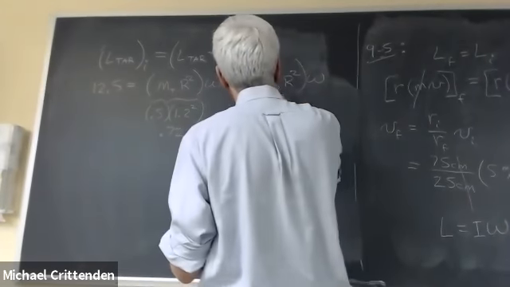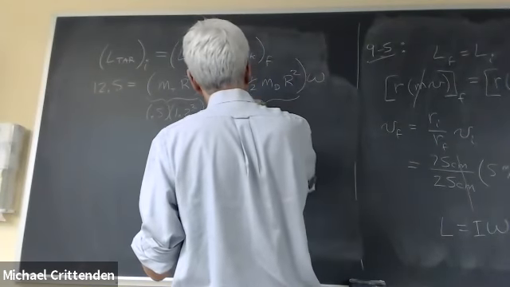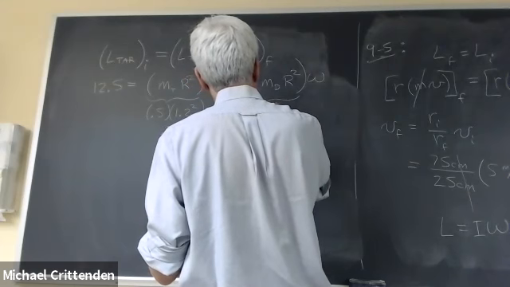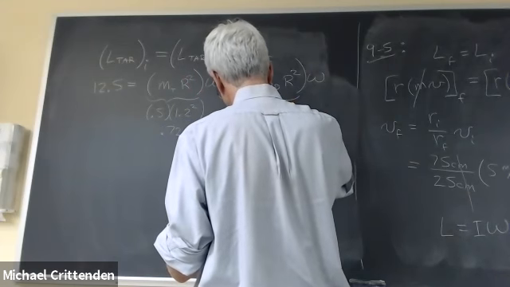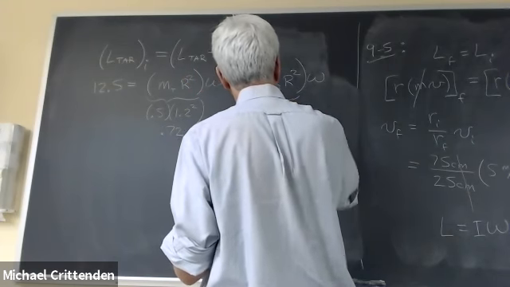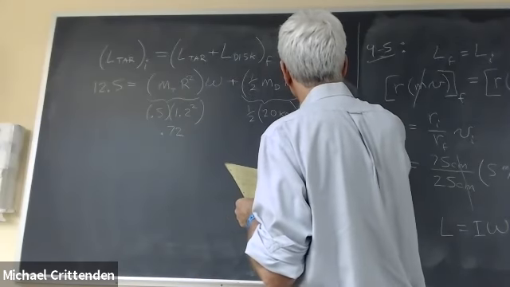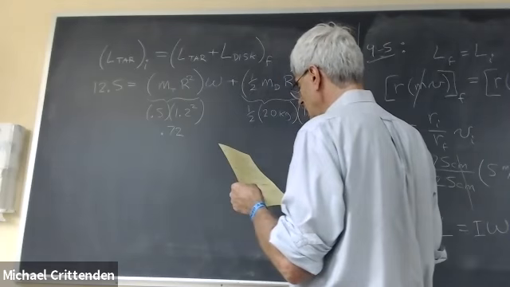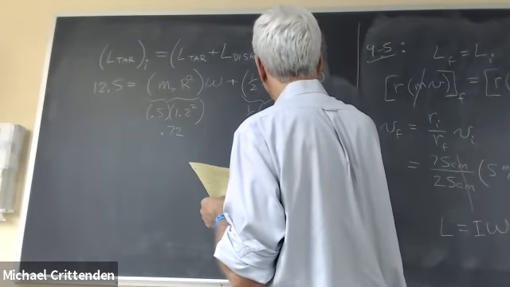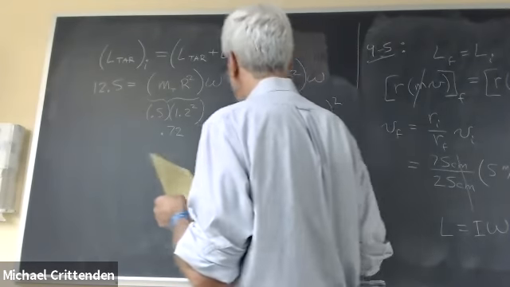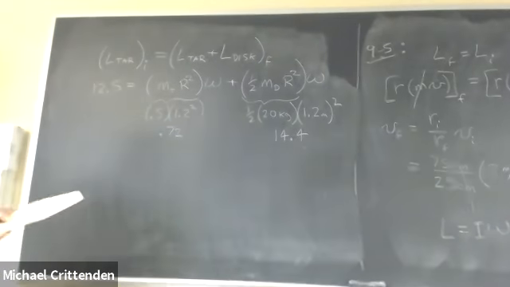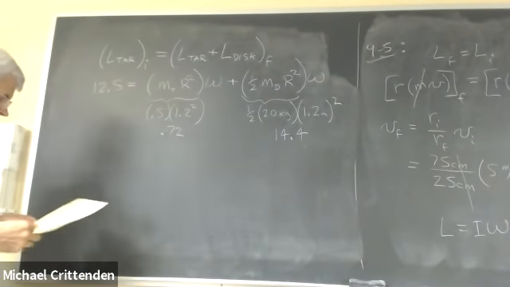Over here, kilograms, 1.2 meters, and that comes out 14.4 for the moment of inertia of the disk.